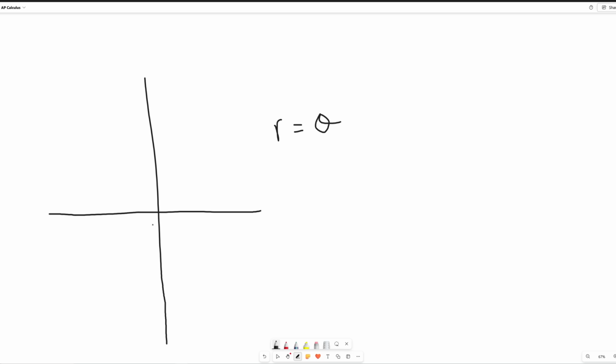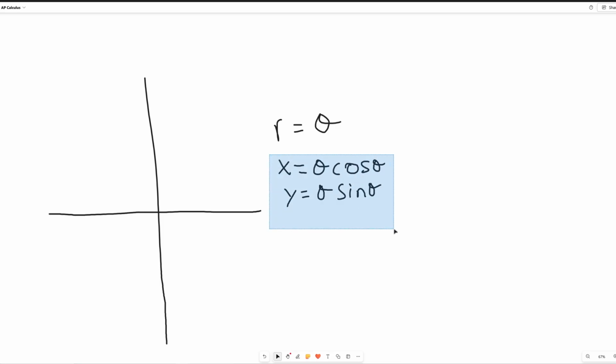And you wanted this in just normal function coordinates, you would just do the x-coordinate is theta cosine theta, and then the y coordinate is theta sine theta. So this is kind of like parametric equations, because you have an x and a y, but instead of depending on time, they depend on theta.